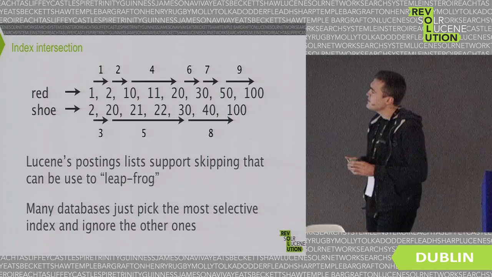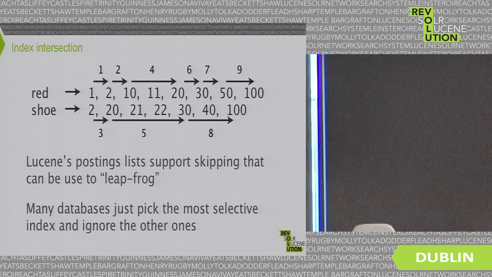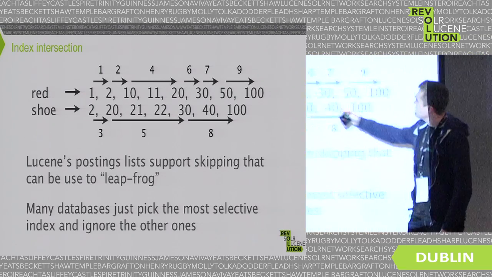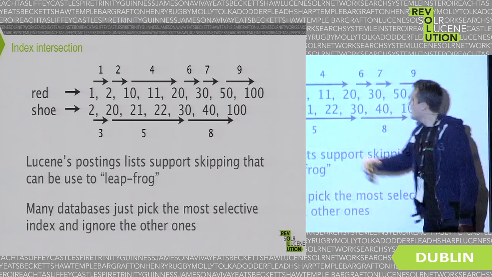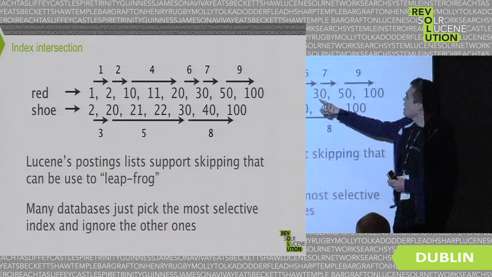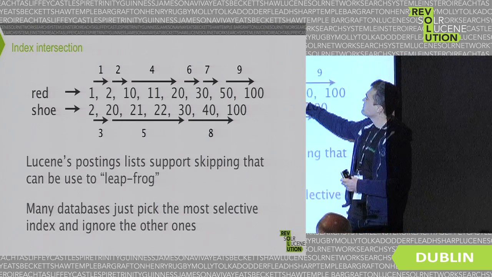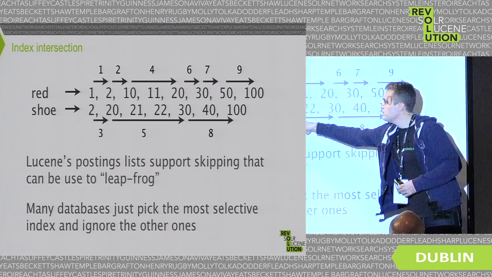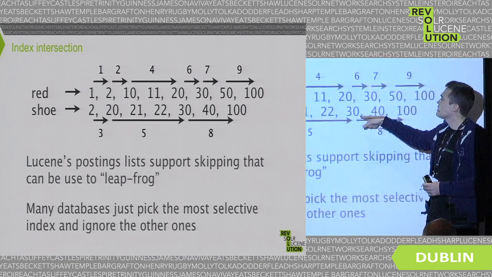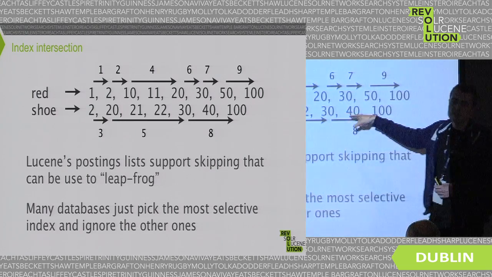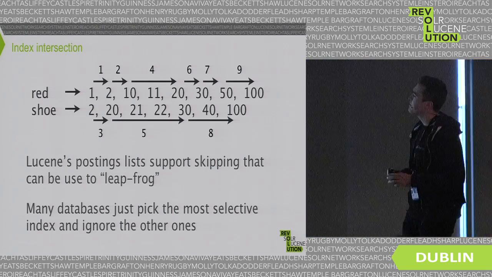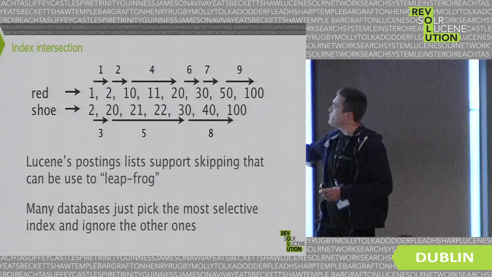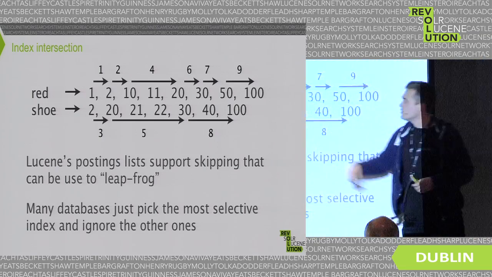For example, let's say that we are currently at document 20, and we want to get to the next document. On this posting list, we find that the next document is 30, meaning that on this posting list, we can skip over a large number of documents in order to go to the next document which is equal or greater than 30. This means that we didn't even have to visit these two documents.